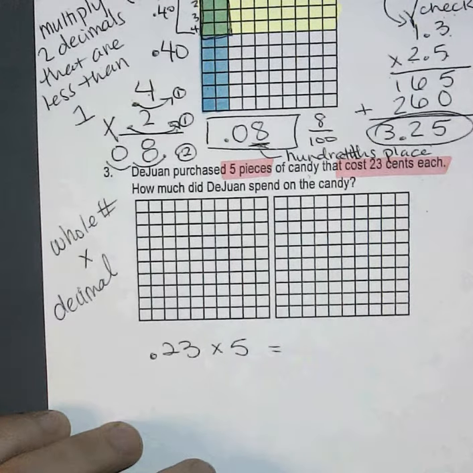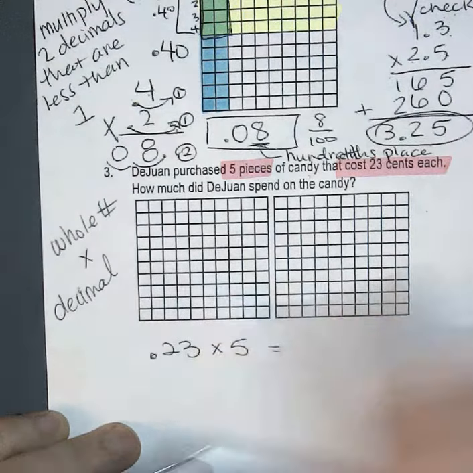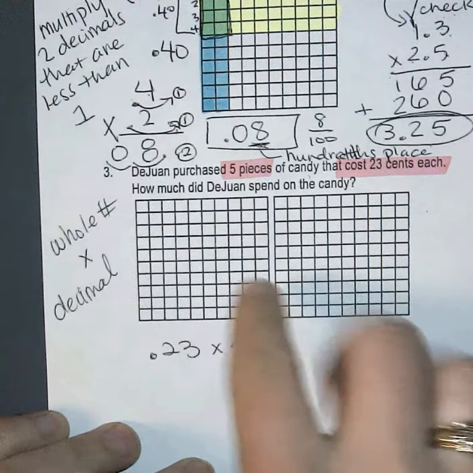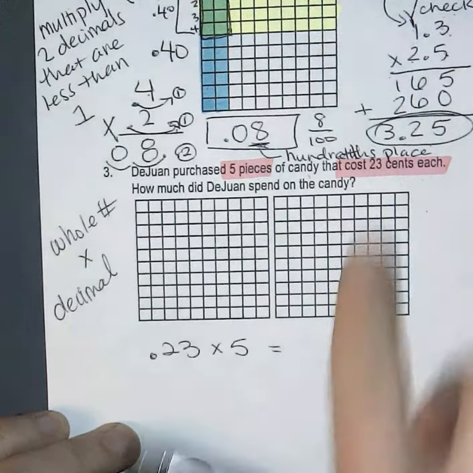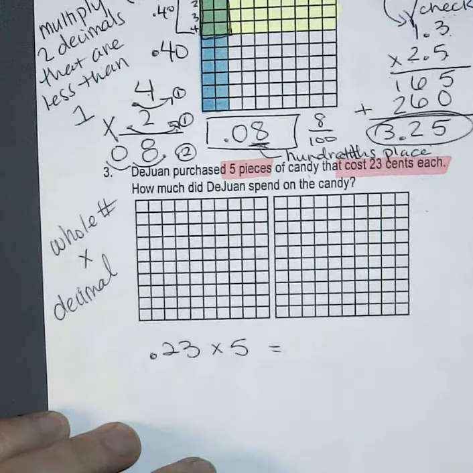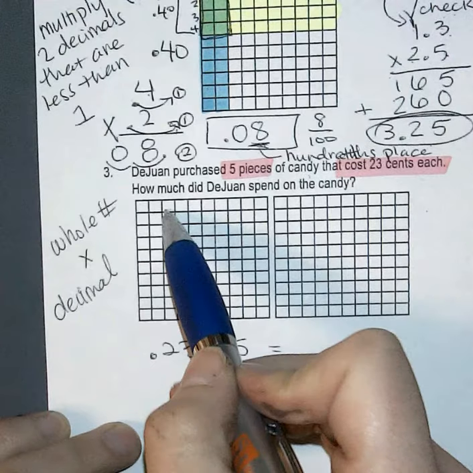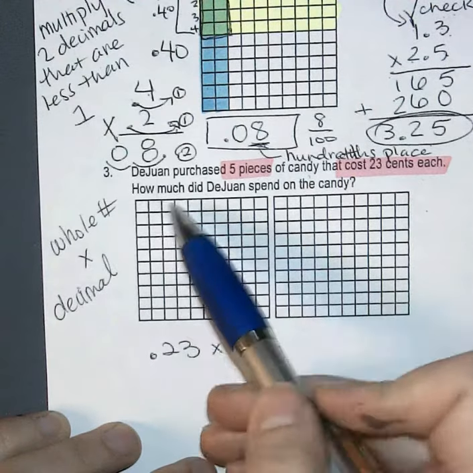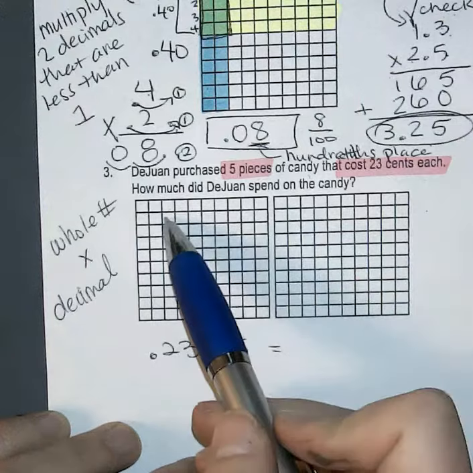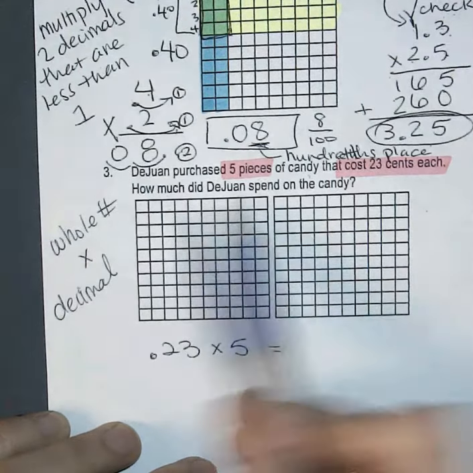Okay? So instead of doing it in standard algorithm first, I want you to see it as these two blocks of 100 are dollars. Okay? And each one of these is a cent. 1 cent, 2 cent, 3 cent, 4. This model represents one whole dollar.